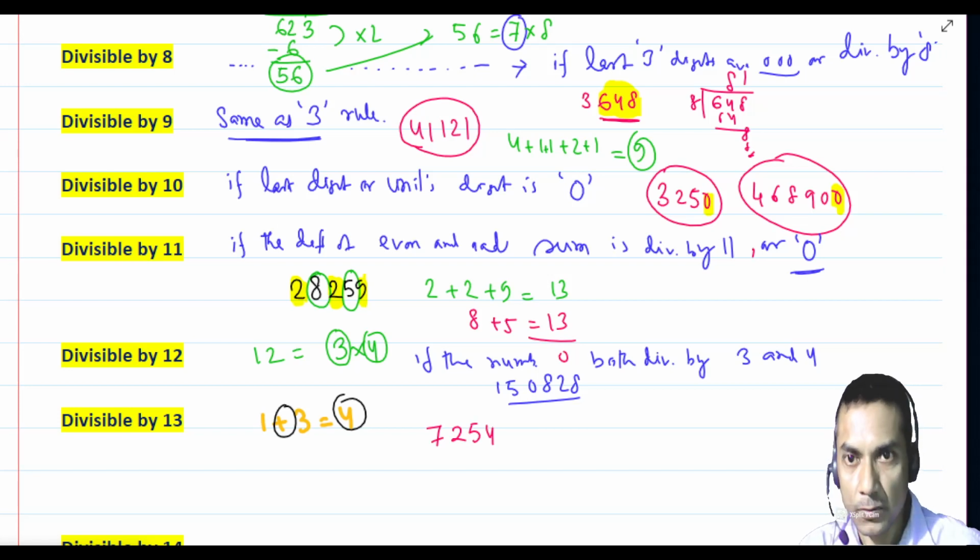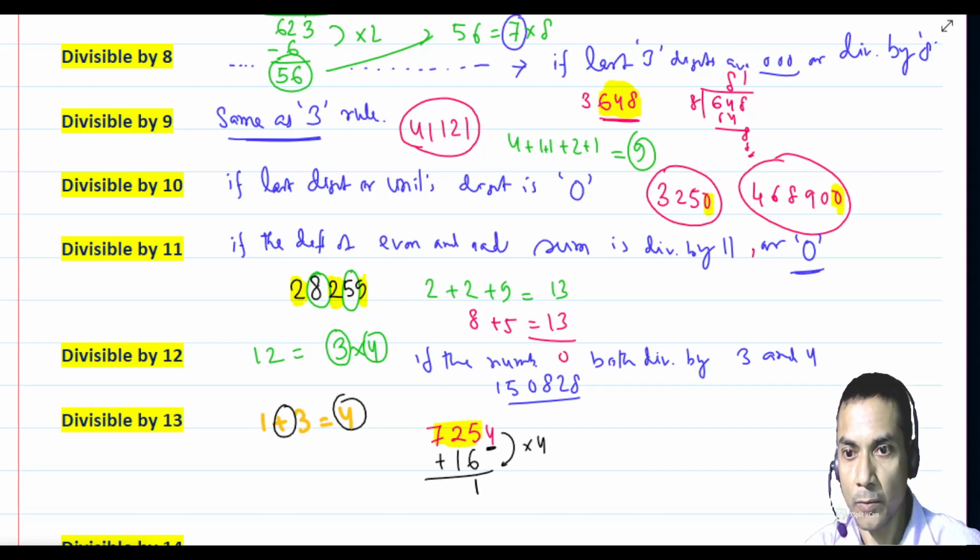What you have to do is consider this last digit 4 and multiply it by 4, and write down the remaining number. The remaining digits are 725. No need to deduct, you have to add it.